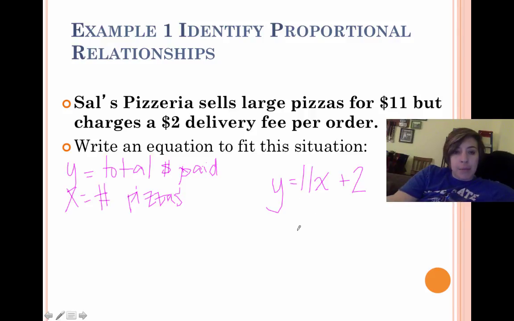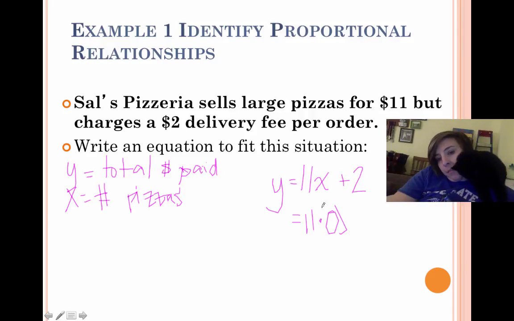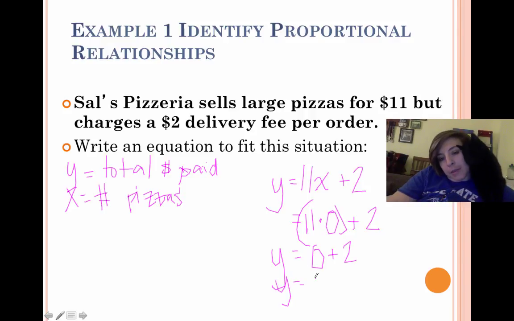So let's see if this is a proportional relationship real quick. Remember, when I have an equation, all I got to do is stick in a 0. So if I do 11 times 0 plus 2, do I get 0 for my Y? 11 times 0 is 0 plus 2. Y is equal to 2.